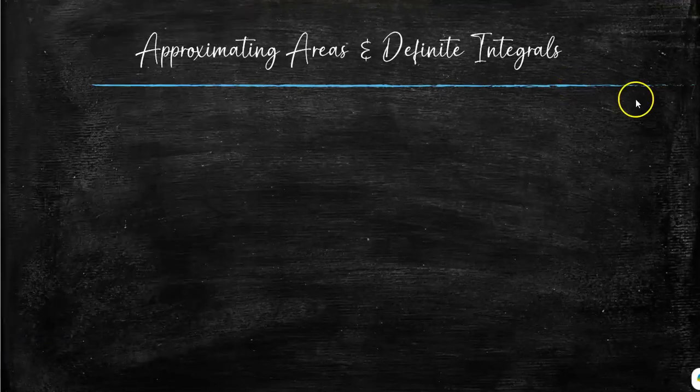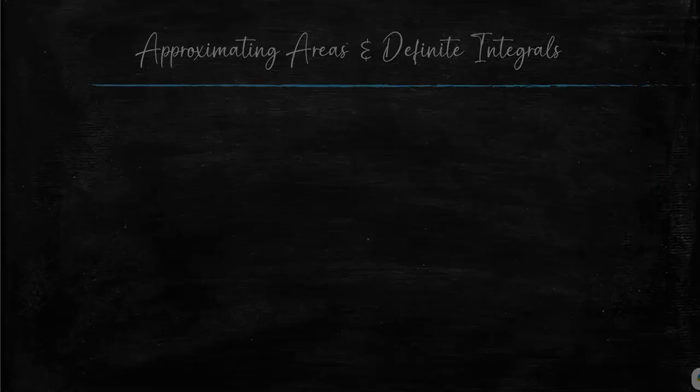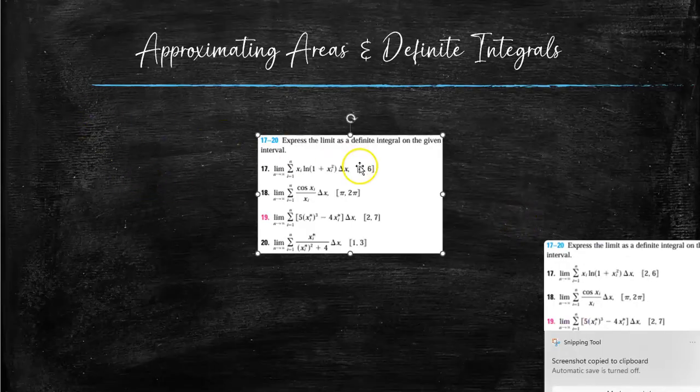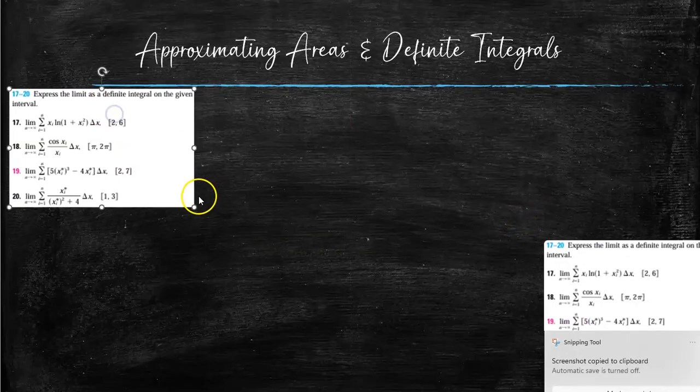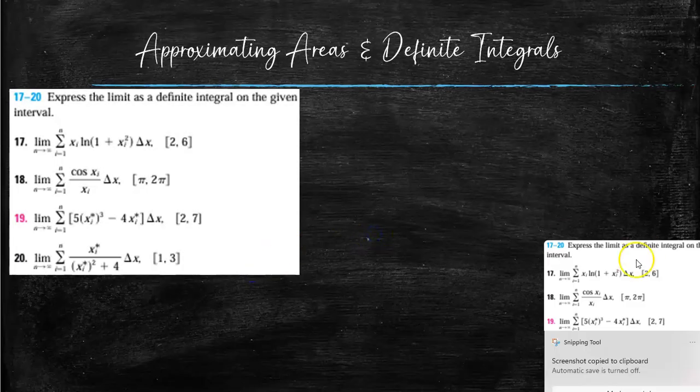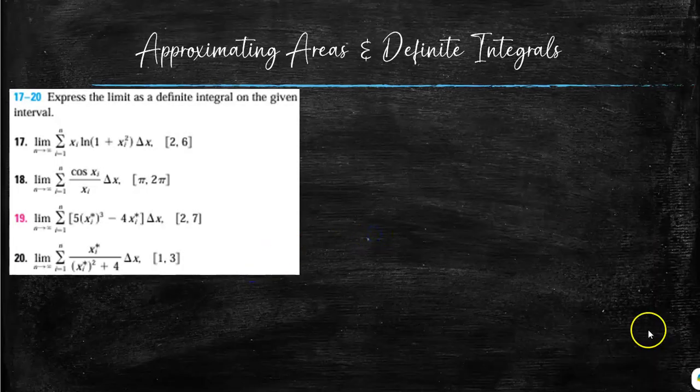Oh boy. So let's take a look at some of these exercises here. So this is what limits of Riemann sums look like, and when you're looking at one, you've got to be able to identify which function we are dealing with and how to turn this limit into the integral.